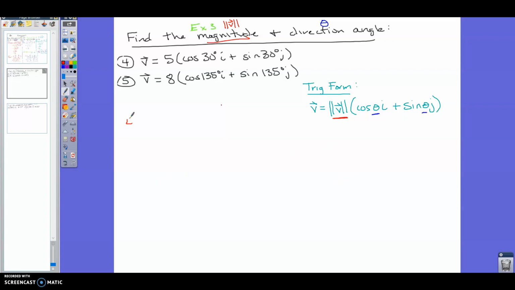So on number 4, when we're asked to find the magnitude, all we got to do is look at the number that's in front of the parentheses. So our magnitude here is 5. Then to find the angle, we just look at the only angle that's there. And that angle will always be the same. In this case, it's 30.